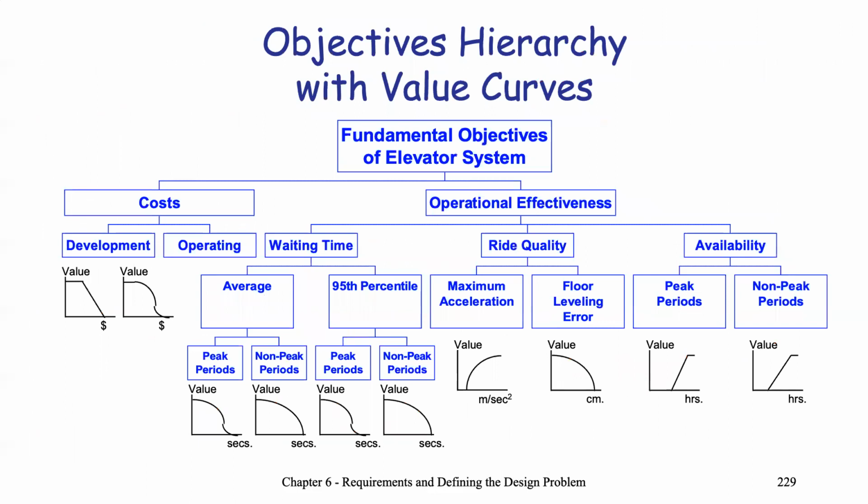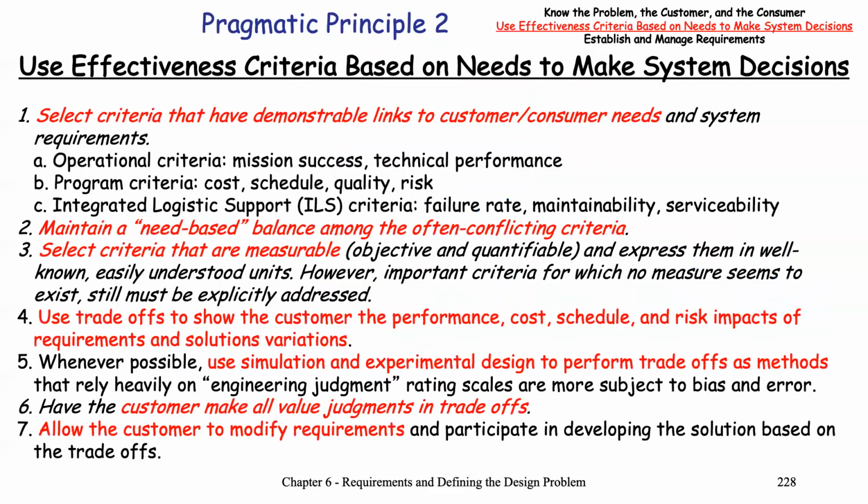So this is something where we can be starting to think about the objective hierarchies, and we can have the various models, and then there's values and thresholds that we can start to define for each one of these. This is shown for an elevator system, so we can have cost and the operational effectiveness. We were showing a chart earlier with some of the key values that we might be thinking about here.